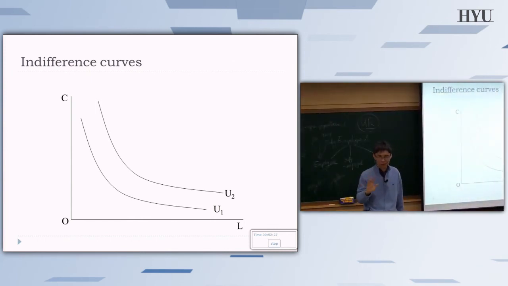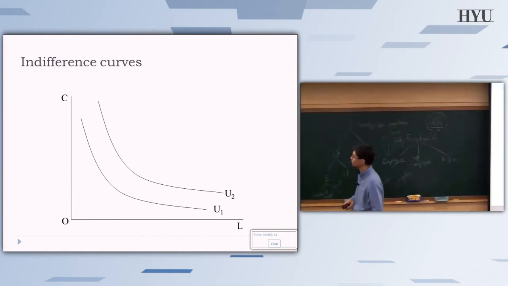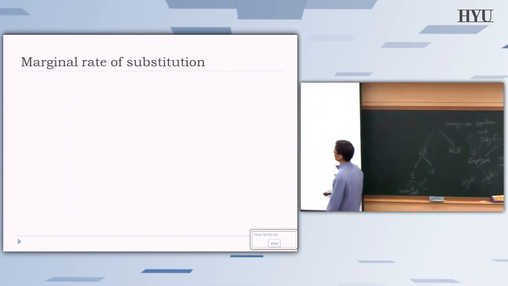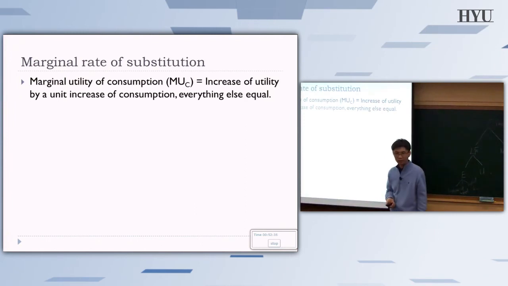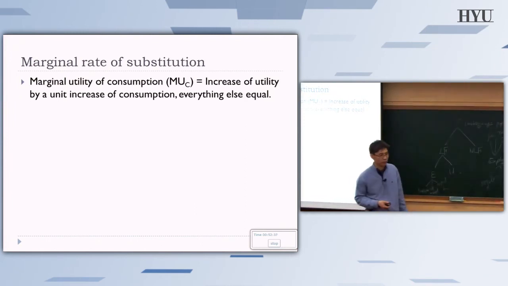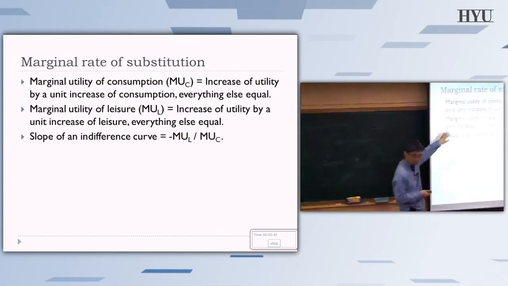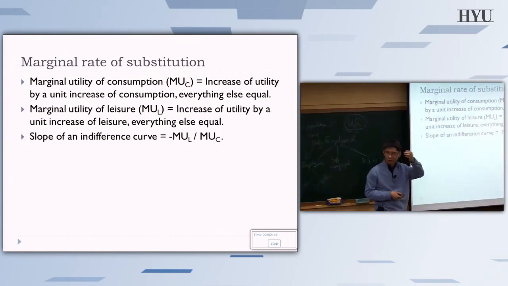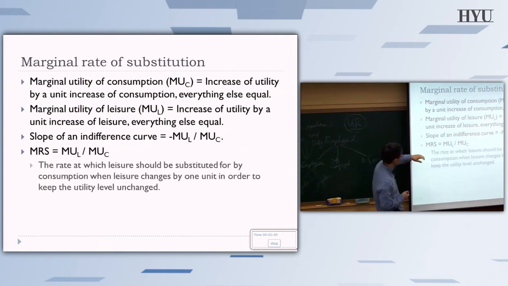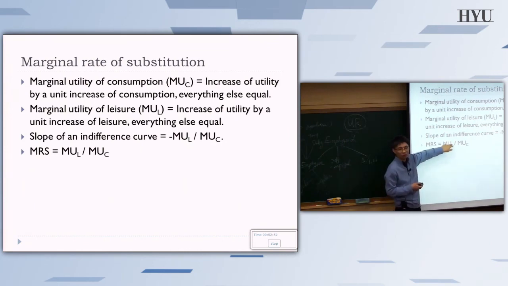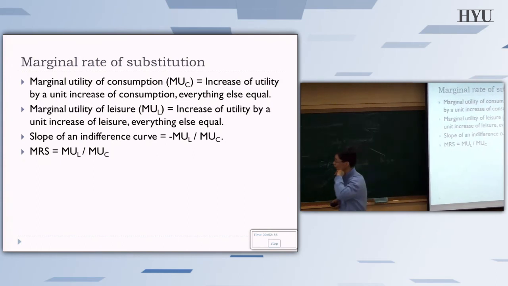The opposite of leisure is work. MRS, we know what MRS means, right? Marginal rate of substitution. I just wrote it down as a reminder, I'm not going to tell you what it means. We can say the MRS is the marginal utility of leisure divided by the marginal utility of consumption.